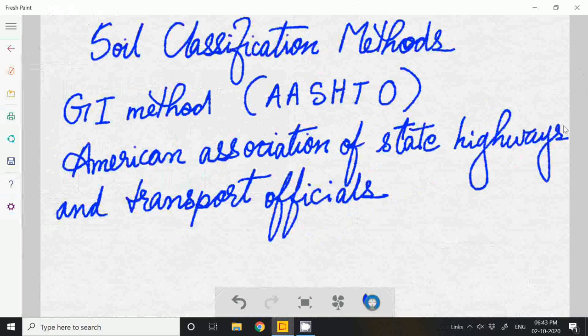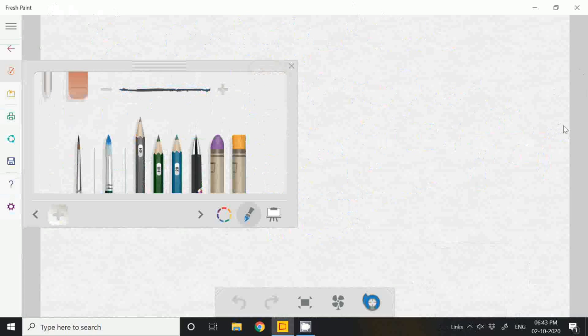So this is the full form, the proper abbreviation: American Association of State Highways and Transport Officials. They have given this group index method. Okay, and let's see what it is about.